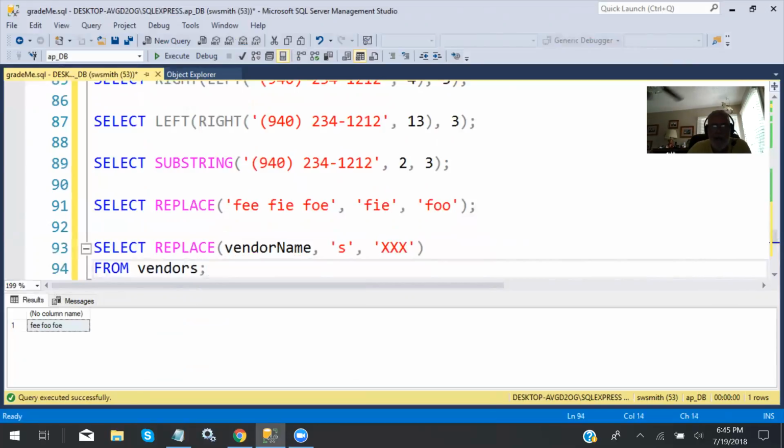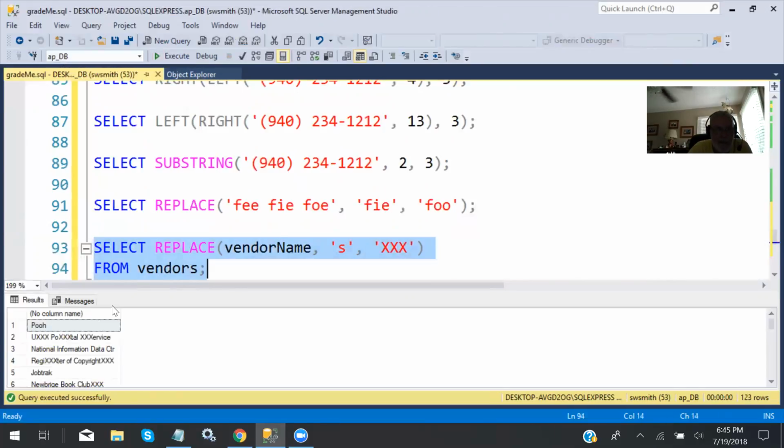So every place you find an S in the vendor name, replace it with XXX. Now, when I execute this, notice that I have a lot of things that have kind of weird values in them, lots of XXXs, but this did not change the table. The important thing is this did not change the table.